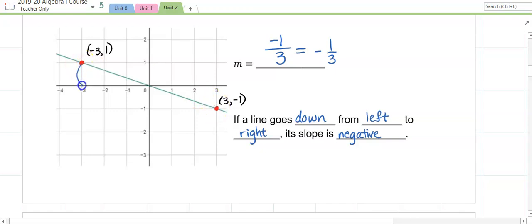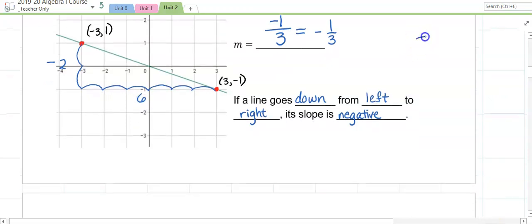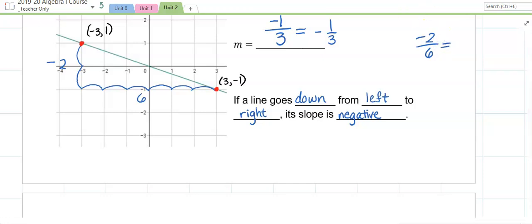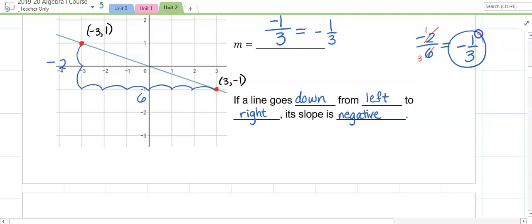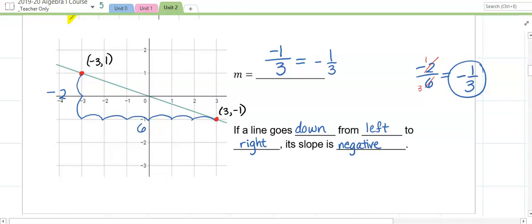I'm still going down 2, and I go over 1, 2, 3, 4, 5, 6 to the right. Down 2, 6 to the right. If I put that in the lowest terms, I still end up with -1/3. So no matter which points you choose, you will get the same slope of a linear function.